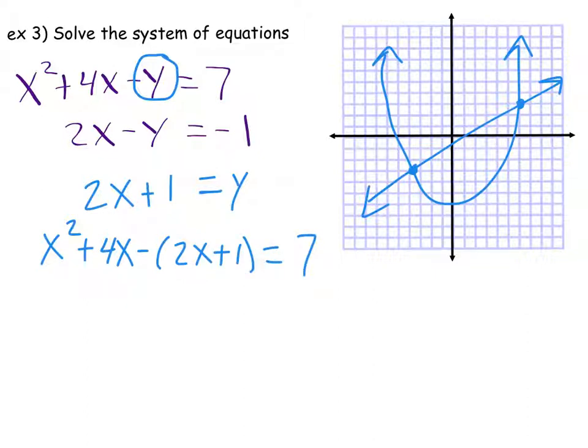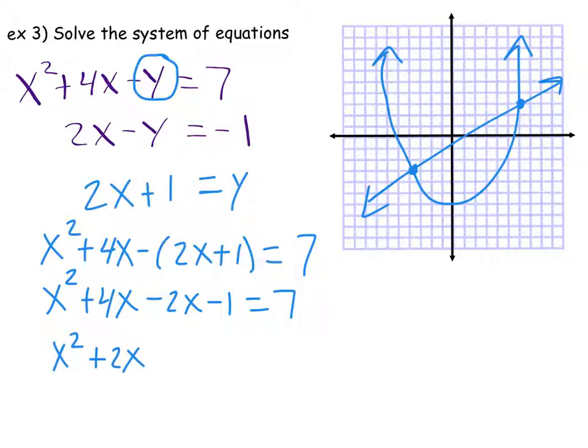Right? In the second equation, we rearrange things to show that that's the same thing as y. This would be minus 2x minus 1 equals 7. Or x squared plus 2x minus 8 equals 0.